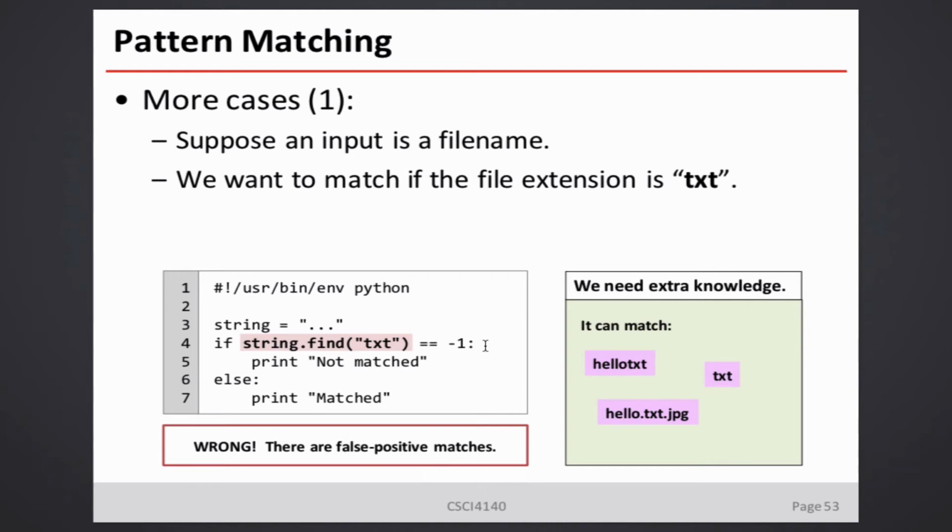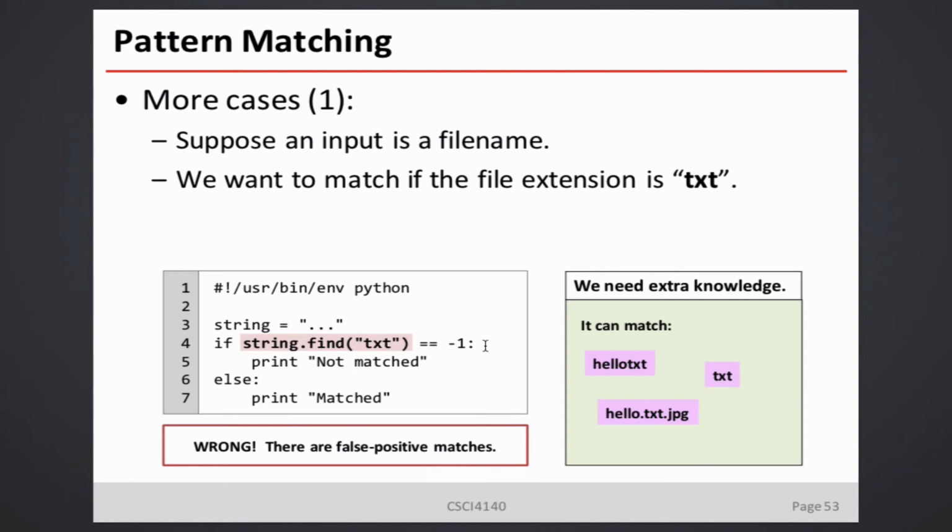Why did it fail me? It will look into the big string and find that, oh, there is a part called txt, then tell you there exists a txt in that string.